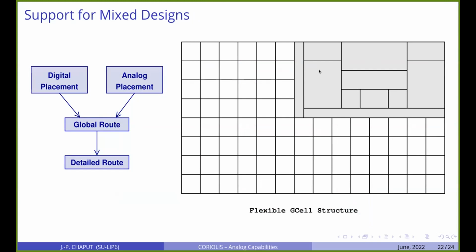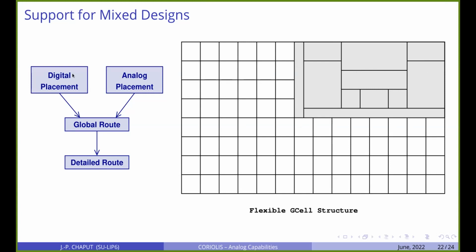And the interesting thing is that it is working on the same data structure. For the global router or the detailed router, there is no difference. It is a unified data structure, which allows us to manage the place and route of the mixed design in a completely unified way.